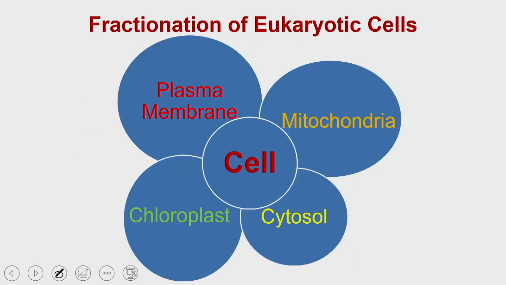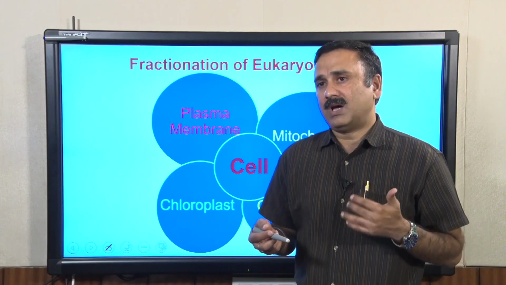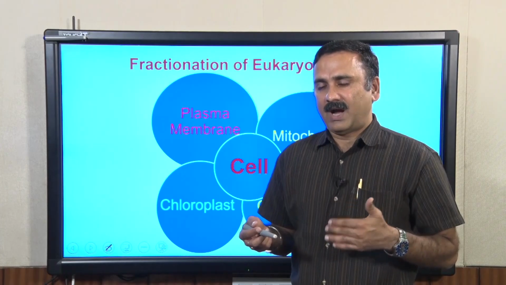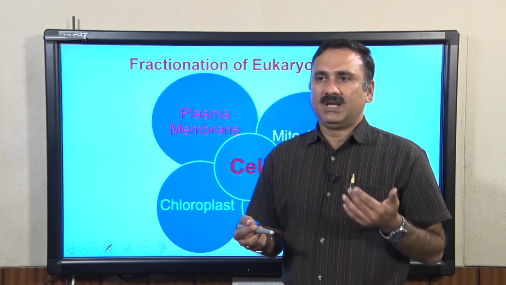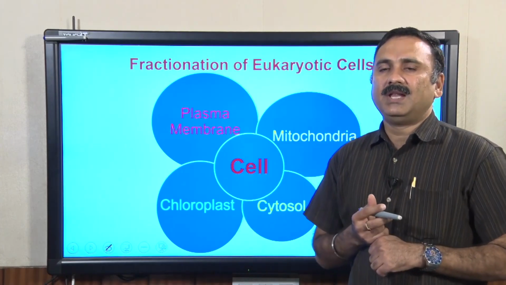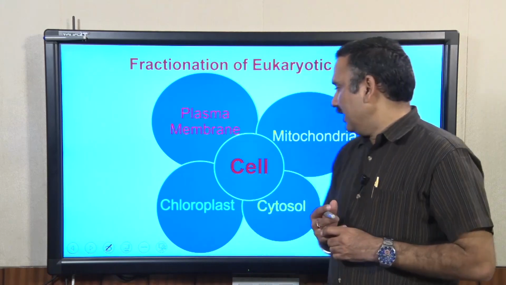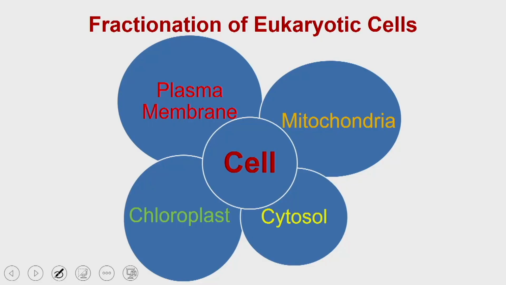In a typical eukaryotic cell, there are places where you can get the proteins in larger fractions, organelles which have high importance in terms of research as well as product recovery. There are 4 or 5 organelles with very high importance as far as the eukaryotic cell is concerned.